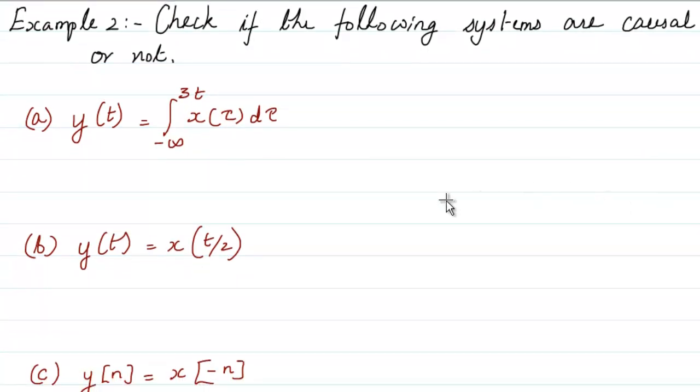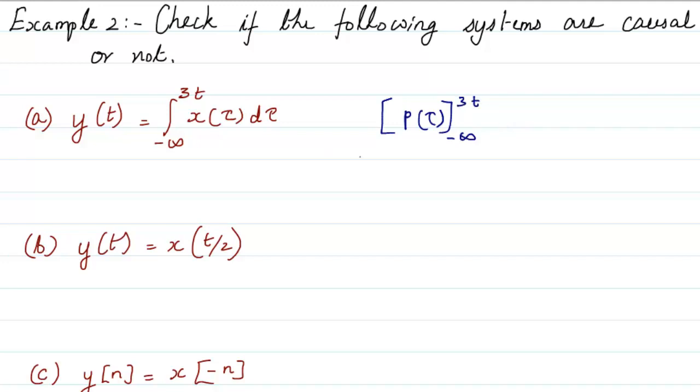Check if the following systems are causal or not. So here you have y of t, it is dependent on the integral of x of tau d tau. Suppose the integration of x of tau comes out to be some p of tau, where I have to put the limits as minus infinity to 3t.